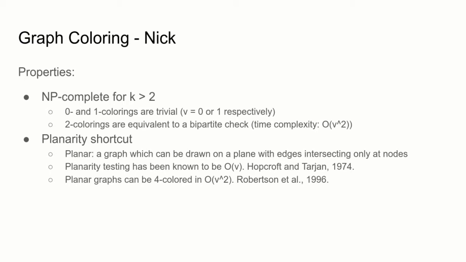Now, if you know a graph to be planar, which can be checked in linear time, you can always four-color it. This is due to the four-color theorem, and that is known to be colorable in squared in the number of vertices time. So effectively, if the graph is planar, you only have to worry about the square of the number of vertices. If it's non-planar, however, it can be much more complicated.